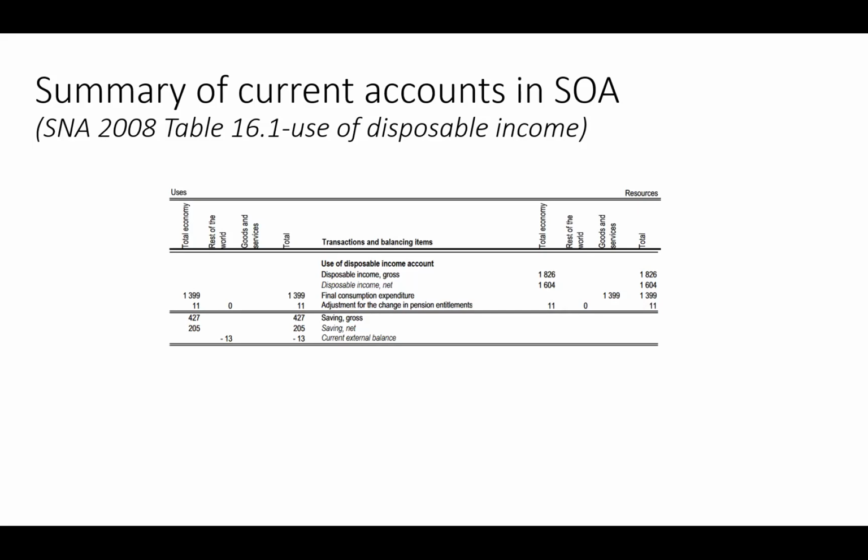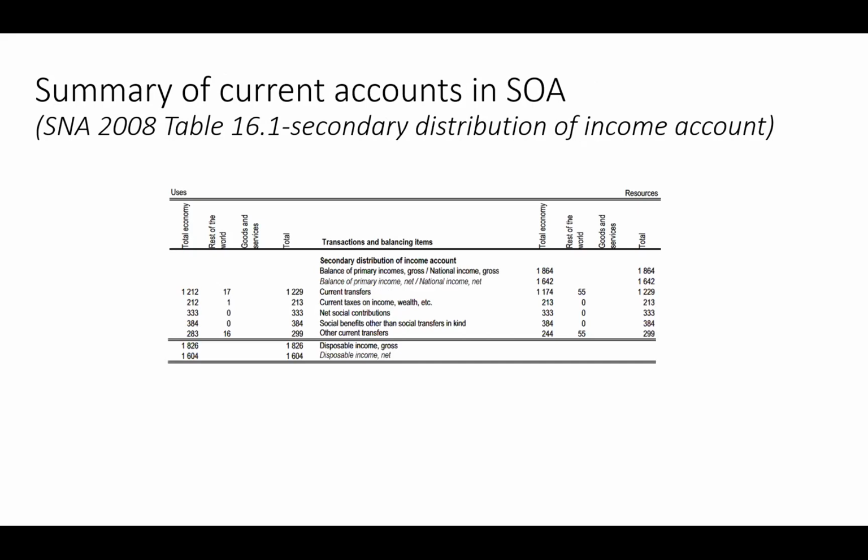We can continue with the next slides. And then secondary distribution of income accounts. It starts with the balance of primary income, gross and net.